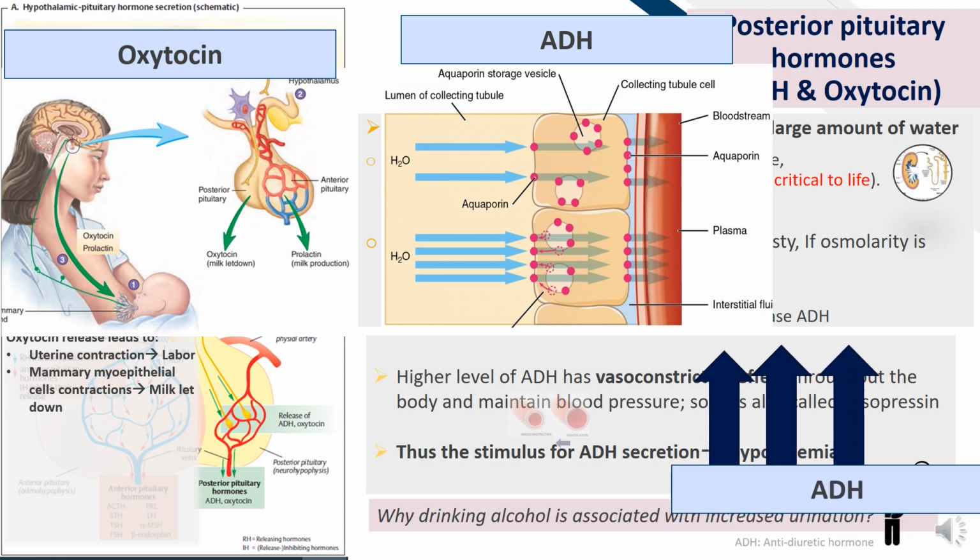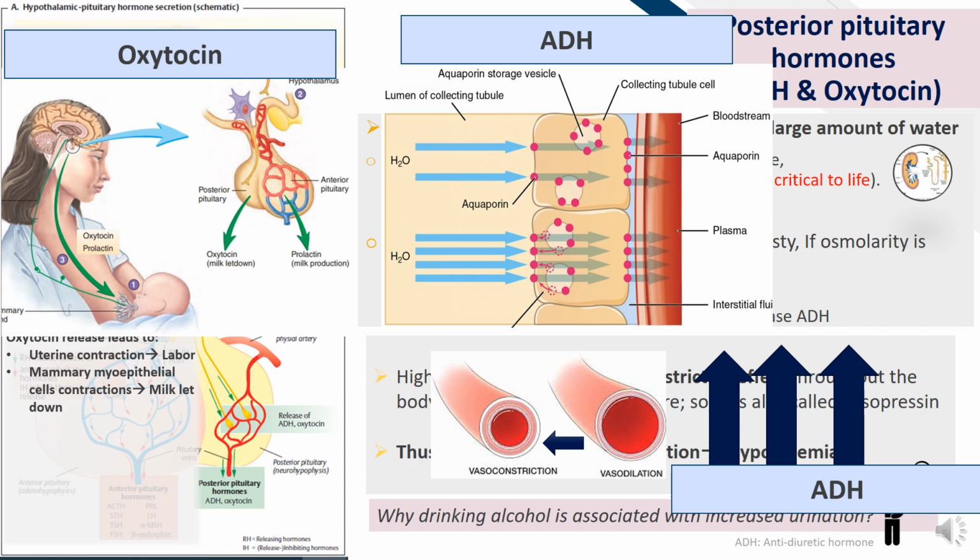Another effect of ADH is at a higher level. The same ADH that causes water reabsorption has an additional action at higher levels, which is vasoconstriction. It causes constriction of blood vessels. Both of these effects are important for control of blood pressure and blood volume.